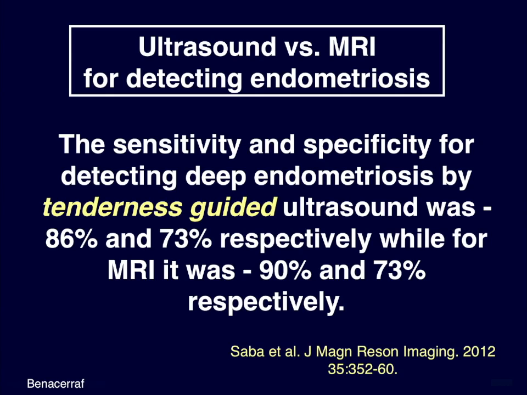And so the tenderness-guided ultrasound is really very accurate, and it's something that MRI can't do because you can't examine transvaginally with an MRI machine, at least at this time.